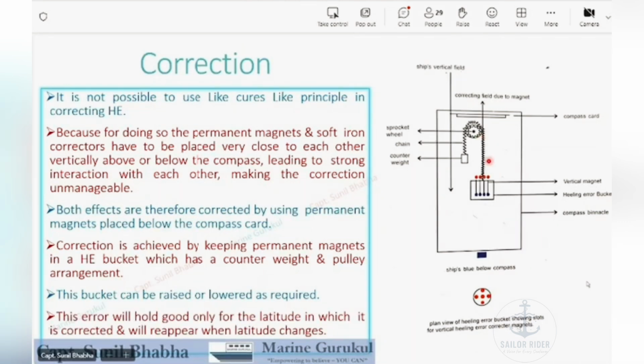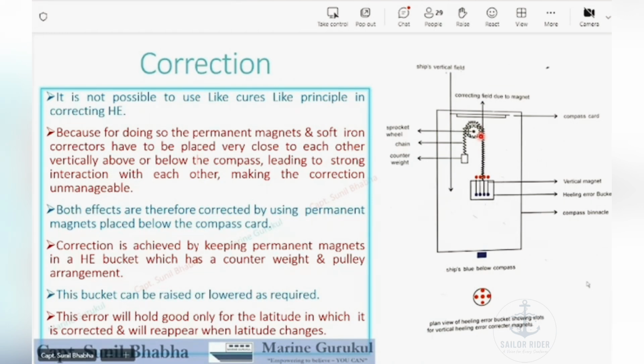The compass adjuster can place the magnets in the bucket, and then he can raise or lower the bucket and see what magnitude of correction is required. Then we have a locking arrangement in the sprocket wheel. Once the bucket is properly corrected in the right position, the sprocket wheel or the pulley is locked in location and the heeling error is corrected.